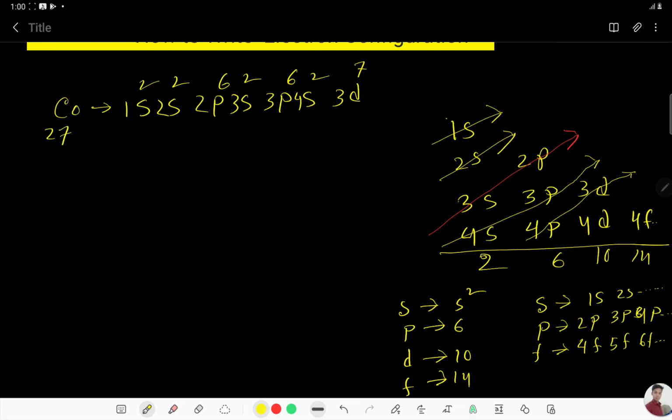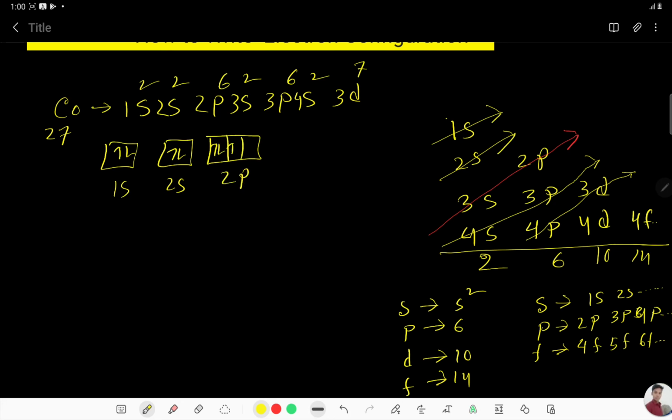Now I would like to show you the orbital diagram for this. So this is 1s, right? Then 2s, then 2p.